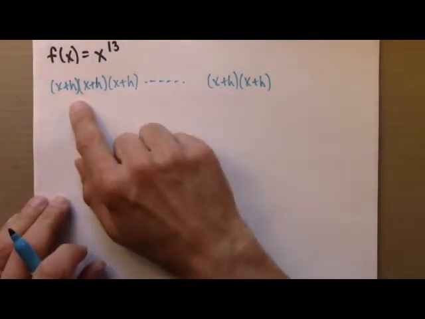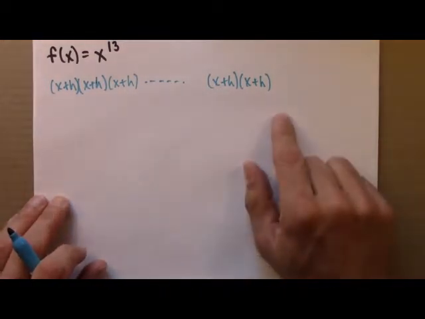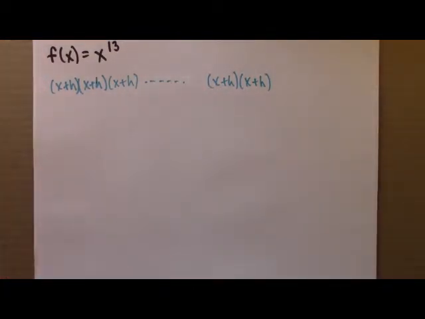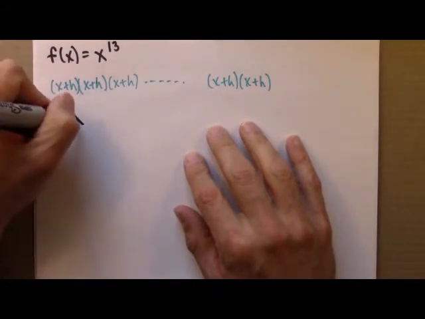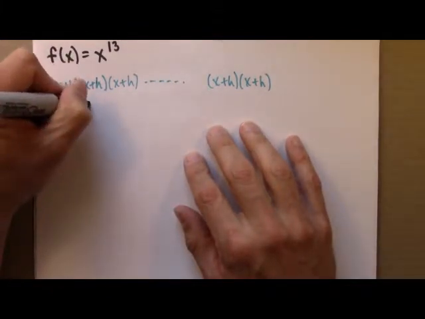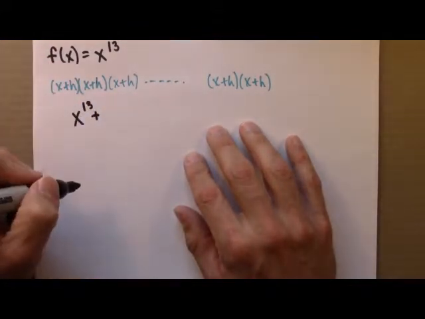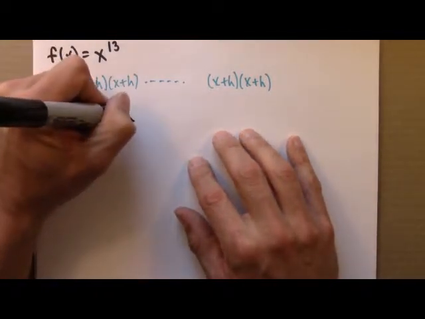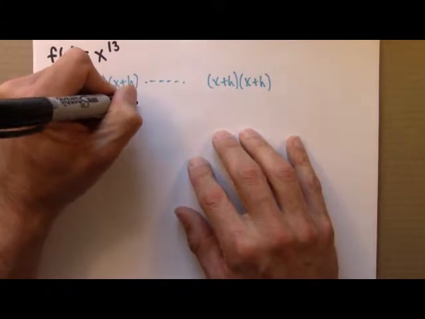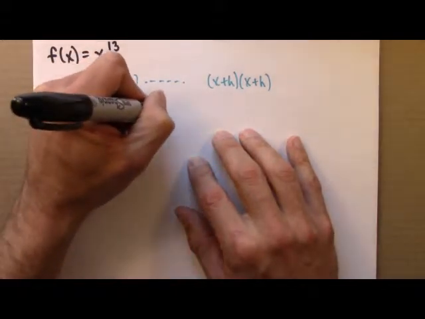We can realize that we're only going to care about a couple of terms here. So I know I'm going to have an x to the 13th term. And then the next term is going to involve x to the 12th times h.